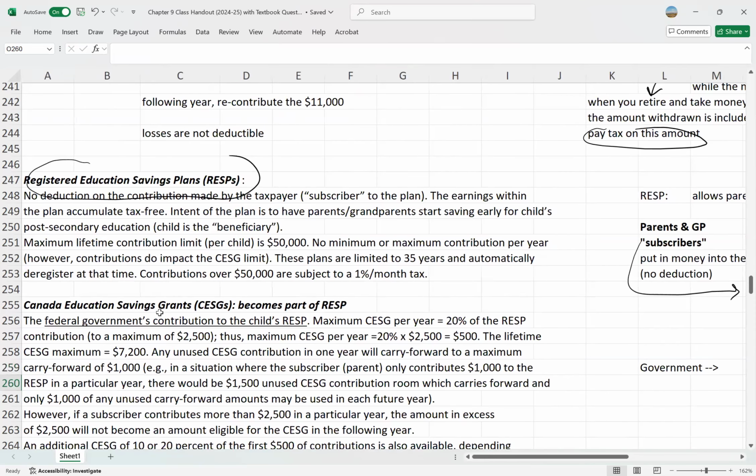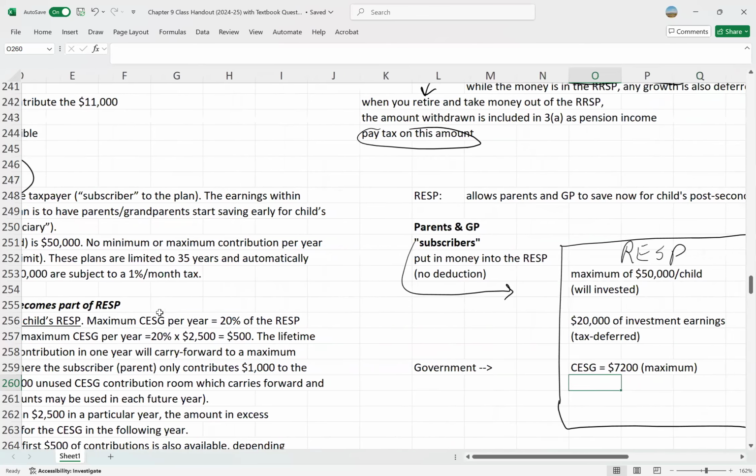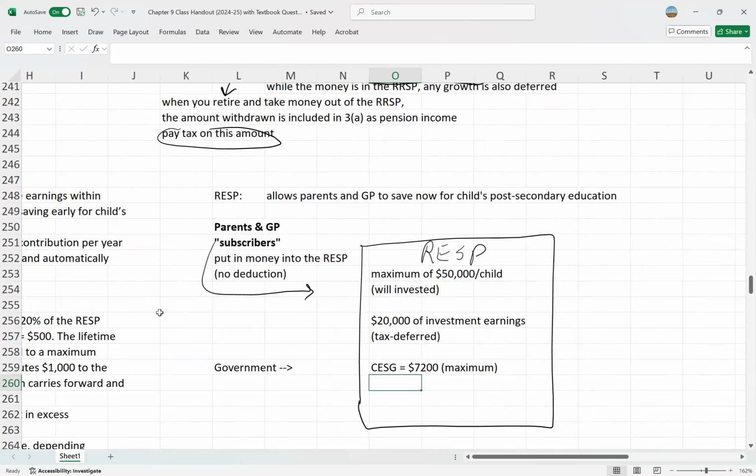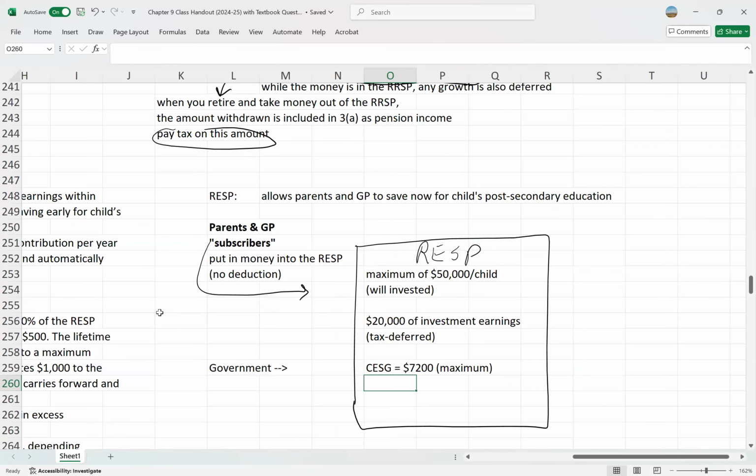The CESG contribution each year is going to be 20% of the amount that the parents or grandparents put in. You can read through that yourself, but essentially it can be a maximum over the years of $7,200. So there's no tax while all this money is in the RESP.